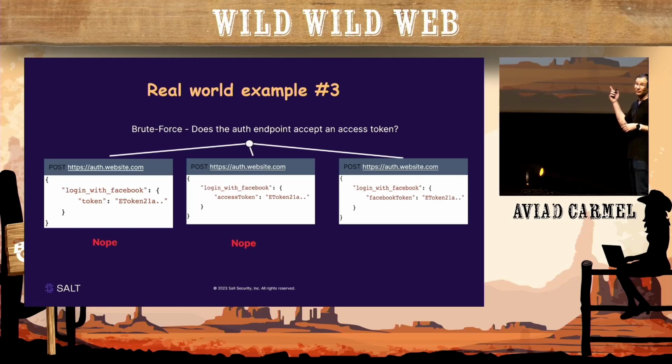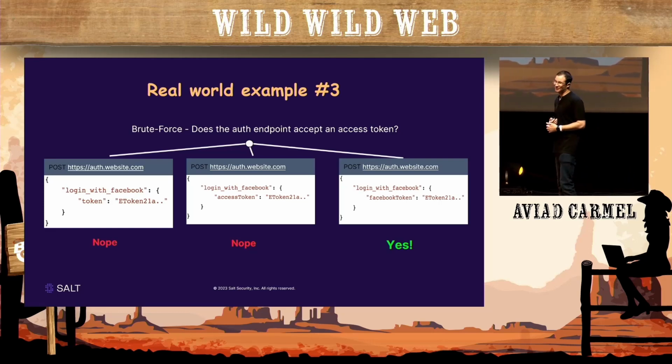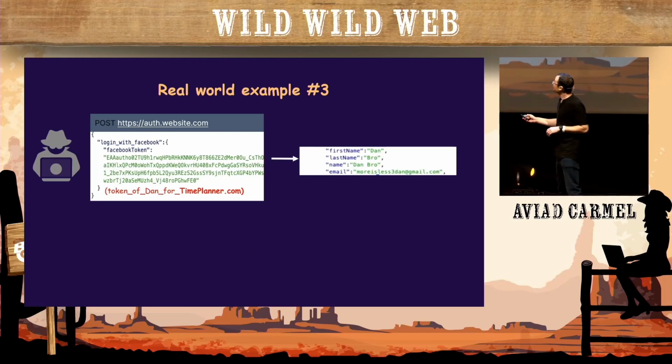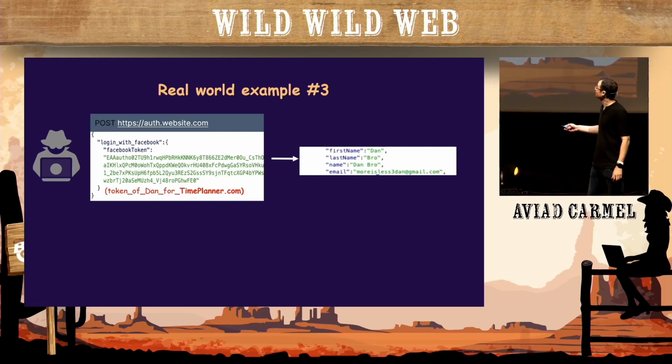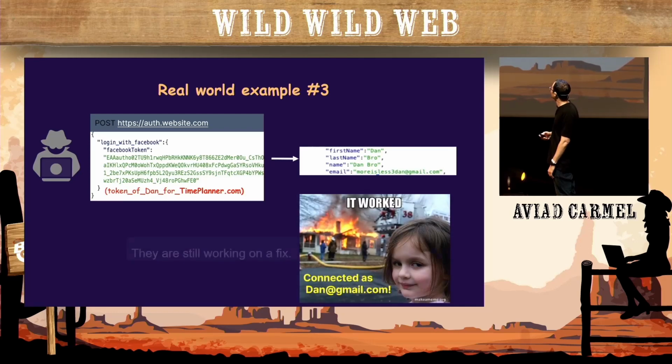And I tried to use Facebook token. And I tried a lot of values, really. And Facebook token, it worked. So you can see that I use Facebook token. This is a token of Dan for timeplanner.com with another website, and I could connect to them as Dan.